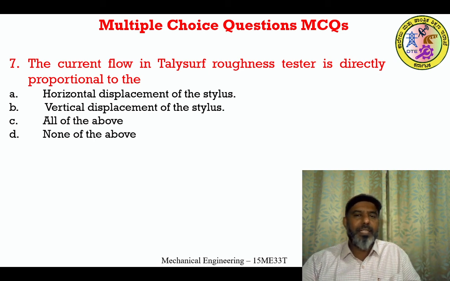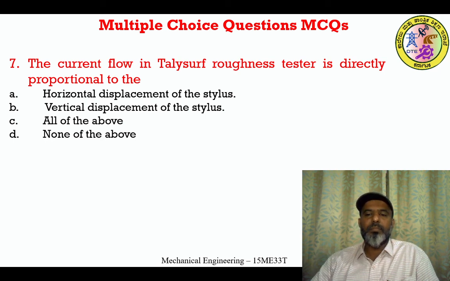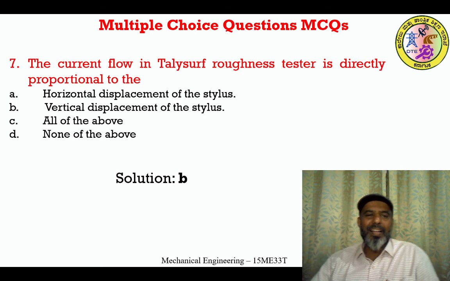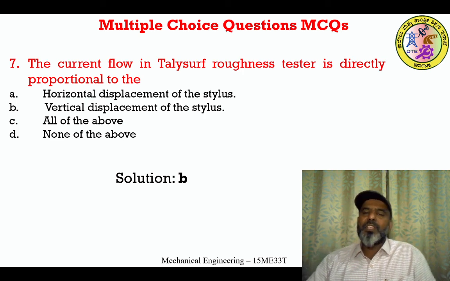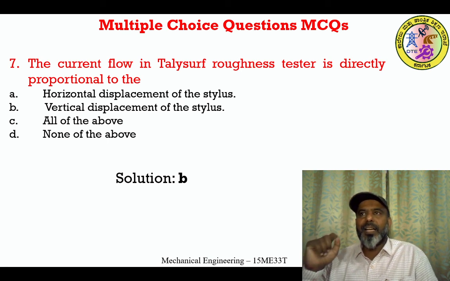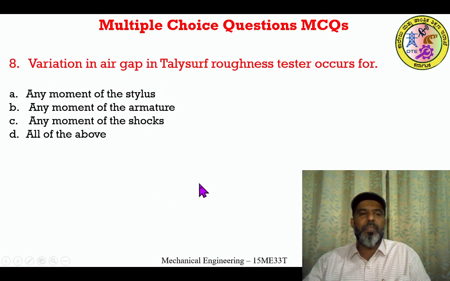The correct answer should be B. The correct answer is vertical displacement of the stylus. The stylus traverses along the surface, but the vertical displacement changes the electrical current proportionately. Therefore, the correct answer is B.